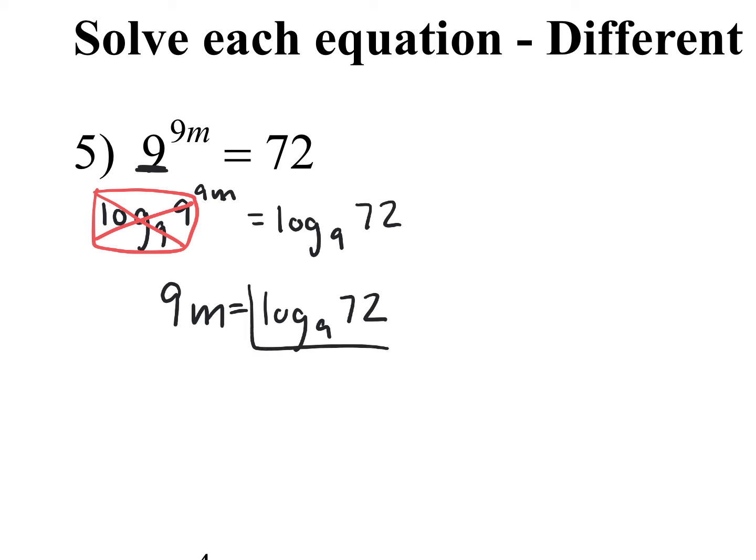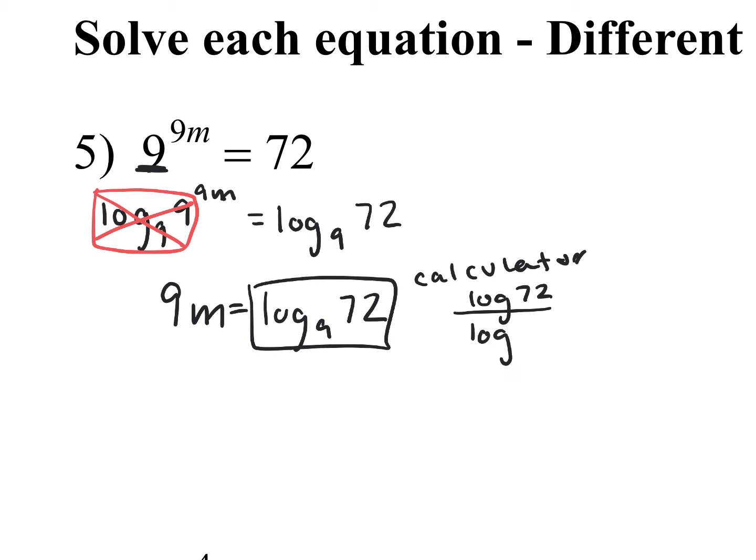Now from here, we have to put this into our calculator. So how can we do that? We put this in the calculator as log of 72. The big one goes on top. The base goes on the bottom.